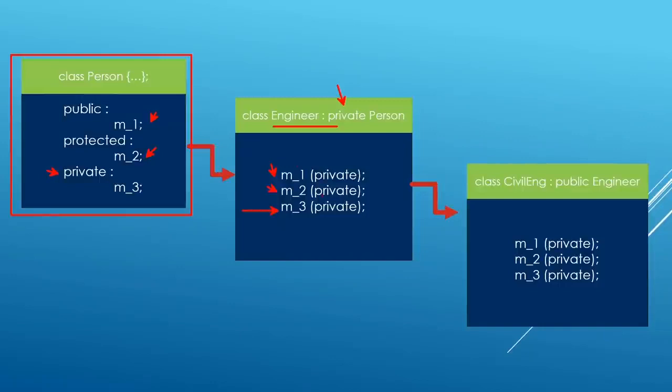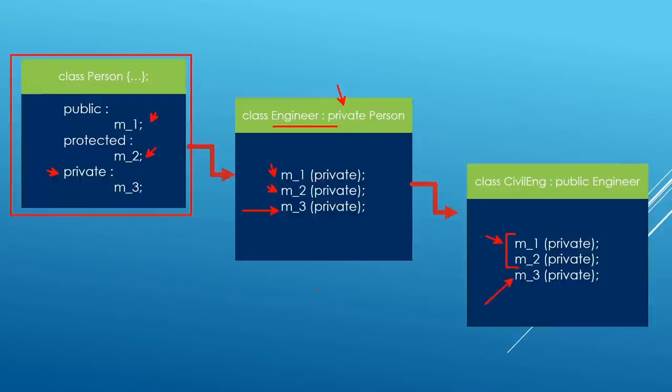So the problem is going to really show up when somebody else tries to inherit from engineer. Because M1 and M2 are now private to engineer, they will be inherited but still inaccessible to the civil engineer class here. M1 and M2 will be private to the engineer class, but M3 will be private to the base class, which is person.